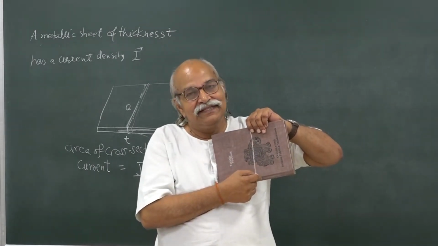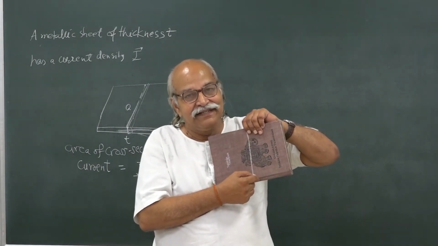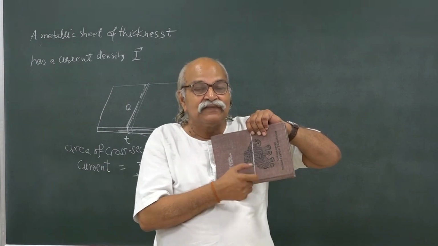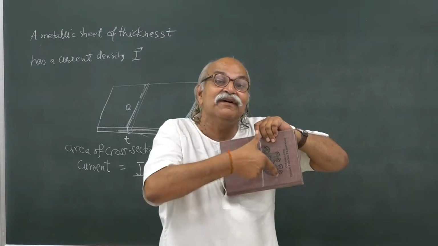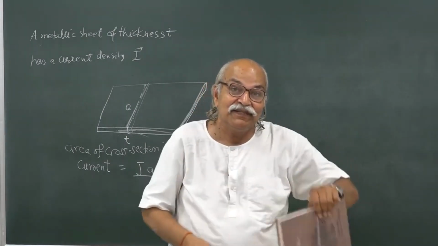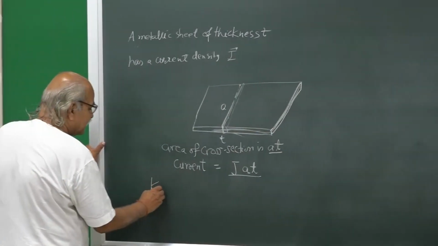Surface current density is by definition the current crossing this line divided by the length of the line. Remember that? How do we define K?